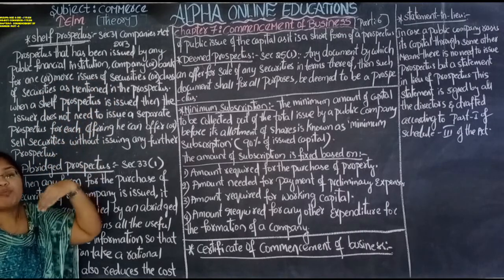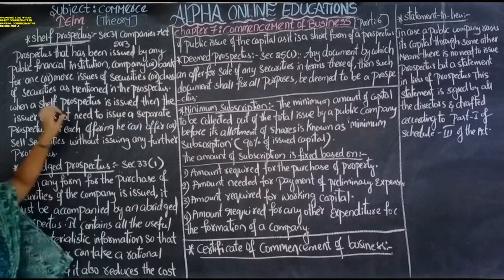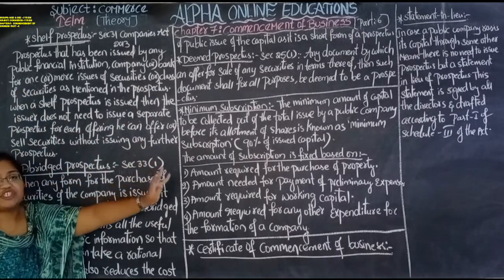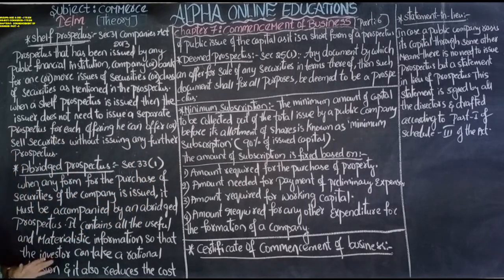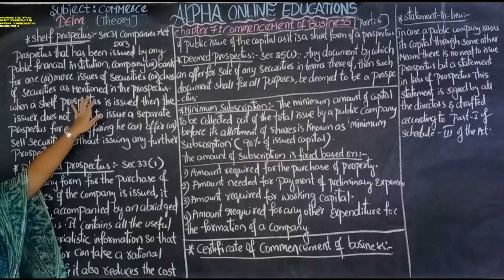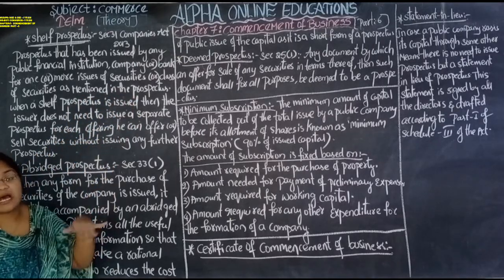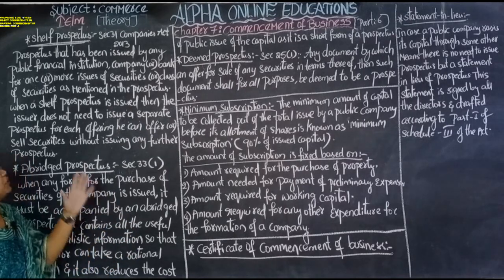It can issue different securities or classes of securities, like equity shares, preference shares, debentures, as mentioned in the prospectus. According to how it is mentioned in the prospectus, it is able to issue.